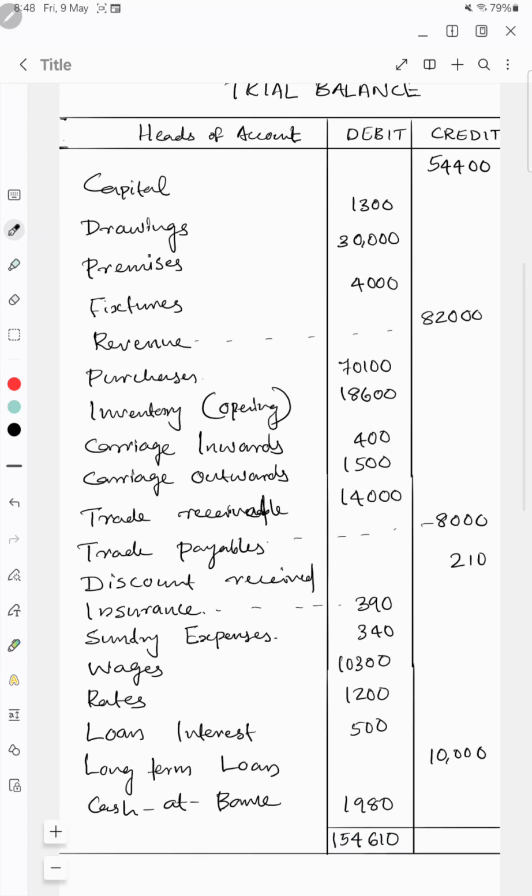The same should be on the credit side: 54,400 plus 82,000 plus 8,000 plus 210 plus 10,000.